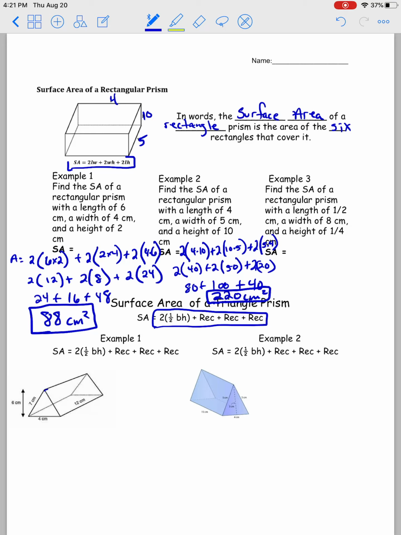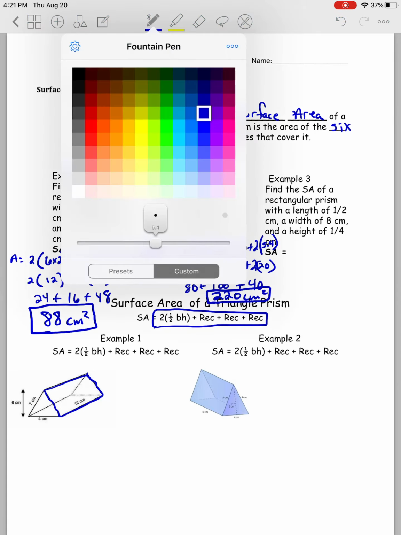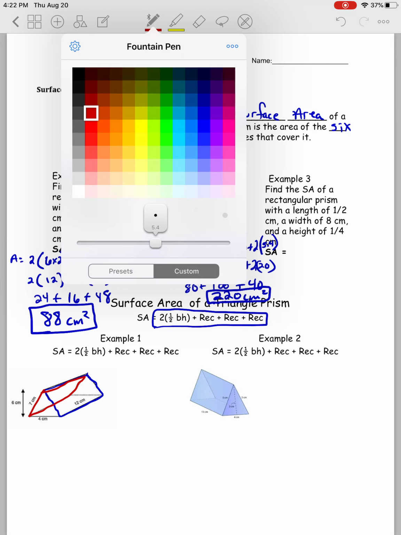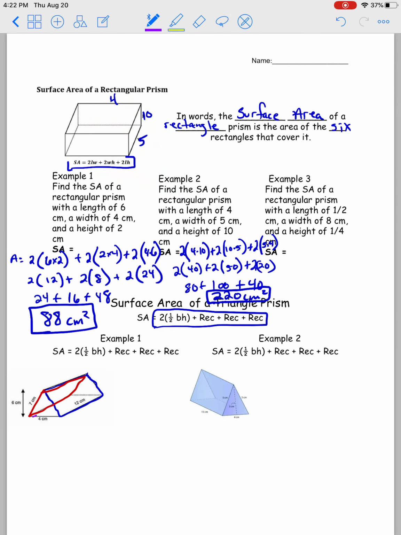Now, the other thing to see is that there's 3 rectangles on this triangle. Okay, hopefully I can do this and it doesn't look too messed up. You have 3 rectangles. You got one on each side.